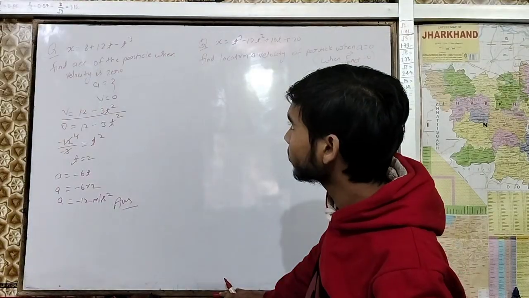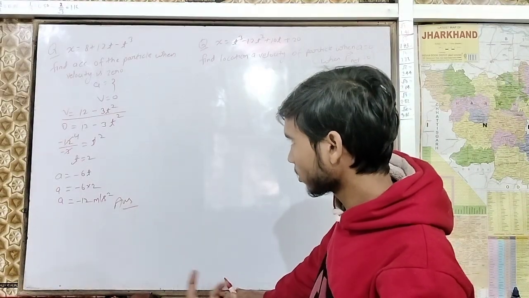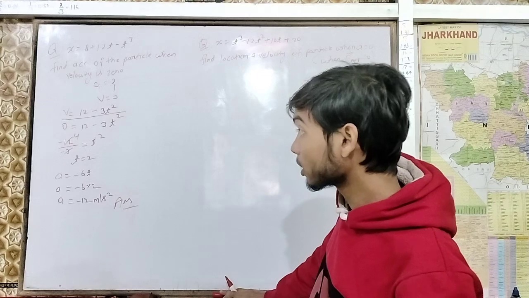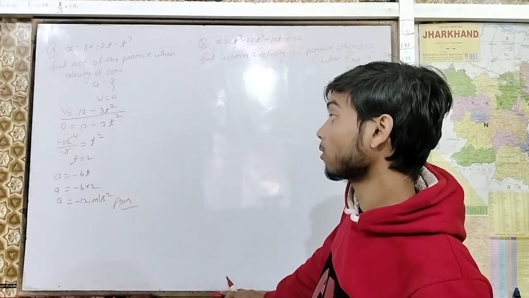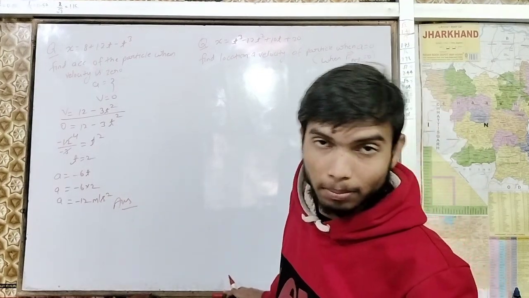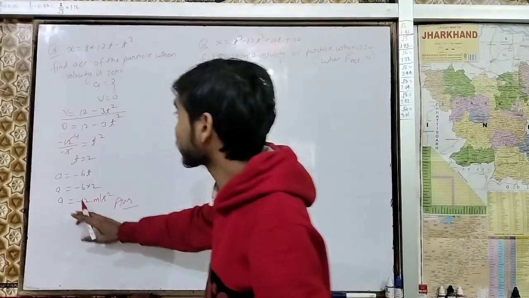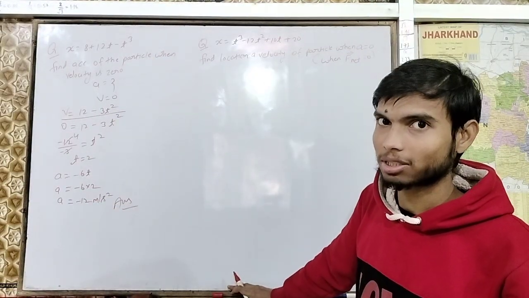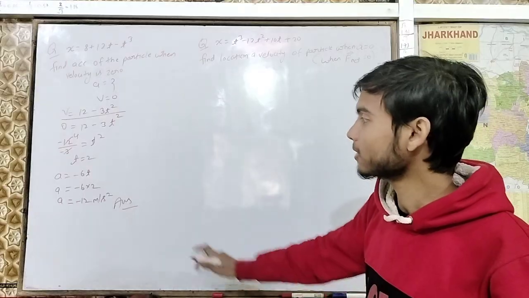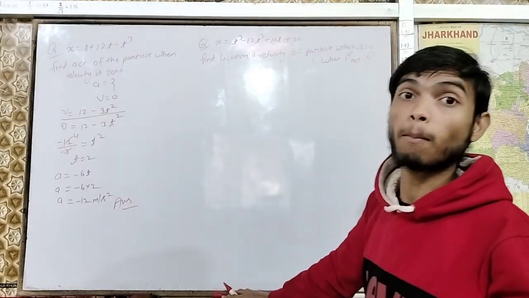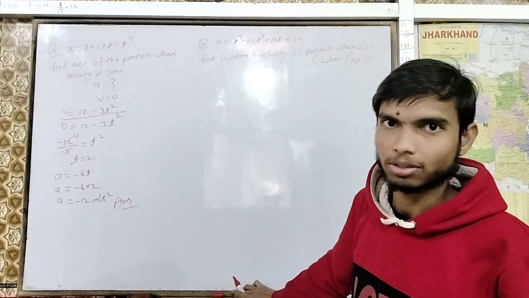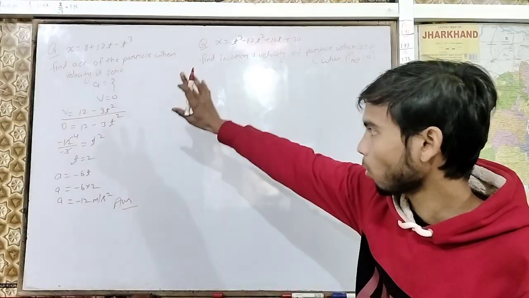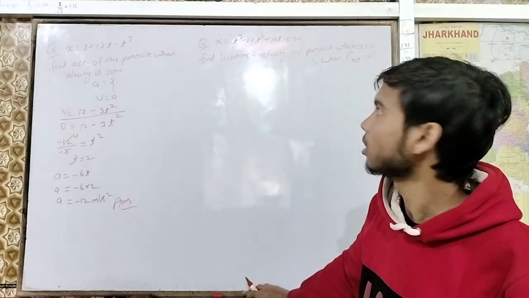He is moving, he came to rest, and he came to rest with an acceleration of minus 12 meter per second squared. With this much acceleration, that person came to rest. This is the complete information of this answer with the question.